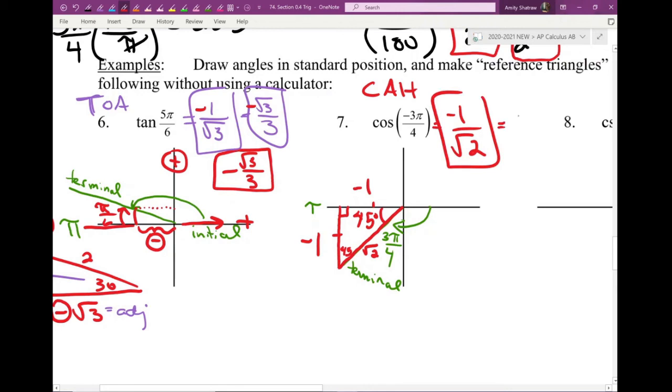Or if you did rationalize it, you would say this was the square root of 2 over 2 with a negative sign in front because we were going in that direction. By the way, I never did figure out where we were, even in degrees, but just in case you were curious, this is -135 degrees, okay?